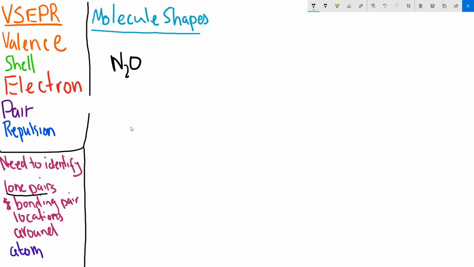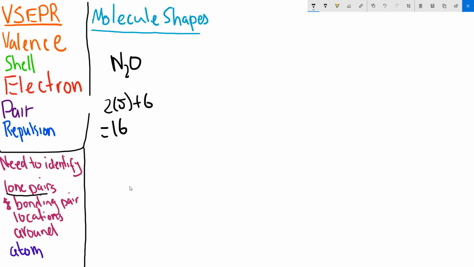Now, to draw my Lewis structure, I count my total valence electrons, which will be 5 each for nitrogen, so 2 times 5 plus 6 for oxygen, which is equal to 16 valence electrons.